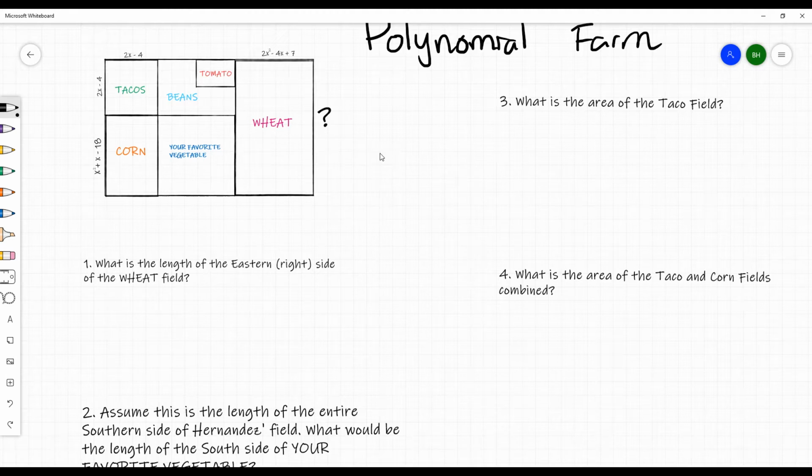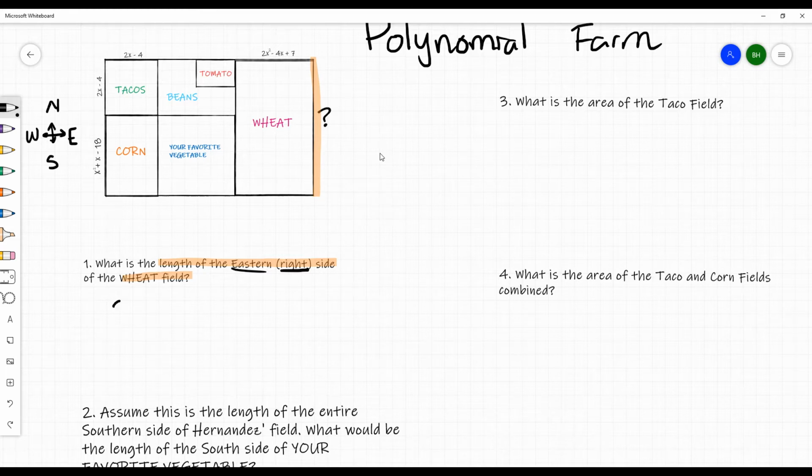For example, the first question asks: what is the length of the eastern side of the wheat field? I didn't put a compass on this one, but you have north, south, east, and west. So we're looking for this length of the field, the question mark.